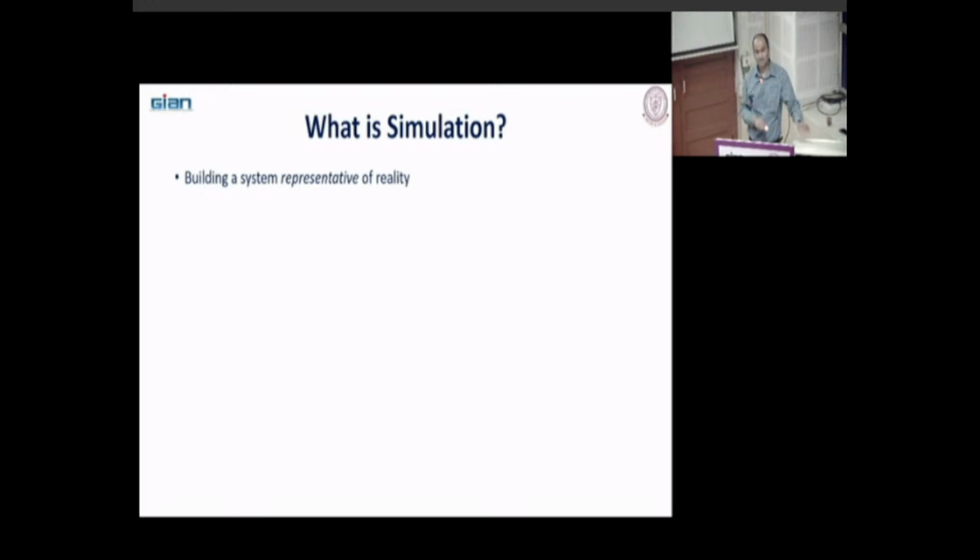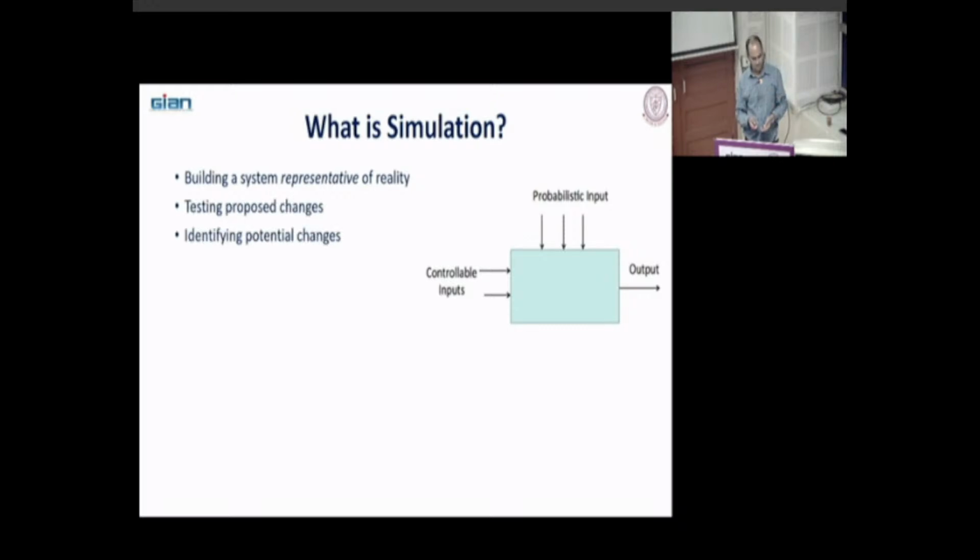So what is simulation then? This is optimization. Simulation is a system representation of reality. System means it has two kinds of inputs, controllable inputs and probabilistic inputs. Controllable means we know their values, probabilistic means we don't know their values. We test the proposed changes, identify potential changes, and develop major KPIs.